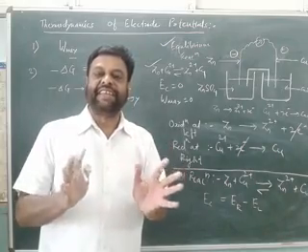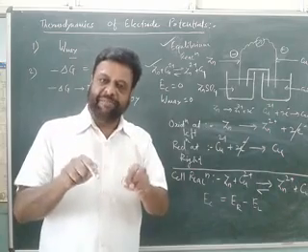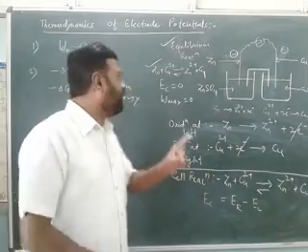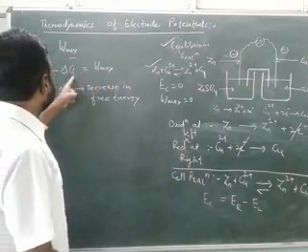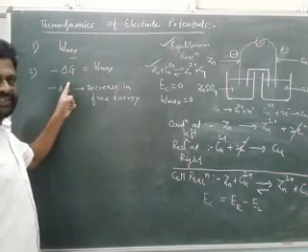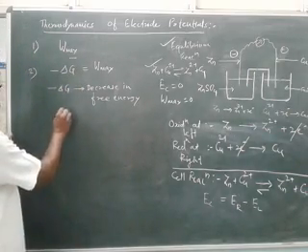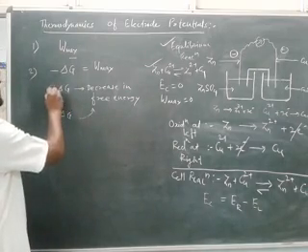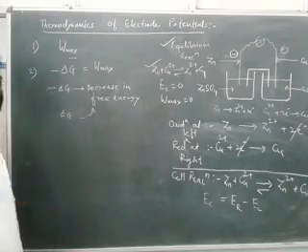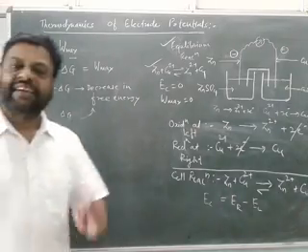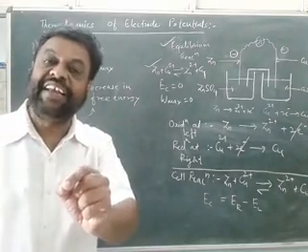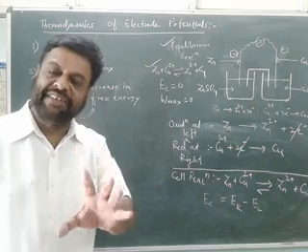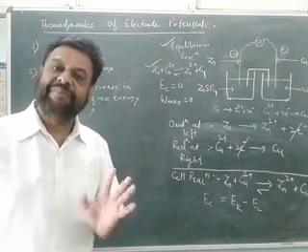So maximum work produced by the cell is measured in terms of decrease in free energy. Here delta G म्हणजे decrease in free energy. And negative sign indicates that decrease in free energy. Negative sign काय दर्शवतं, फ्री एनर्जी हे डिक्रीज होते. म्हणजे मॅक्झिमम वर्क मेजर इन टर्म्स ऑफ डिक्रीज इन फ्री एनर्जी.